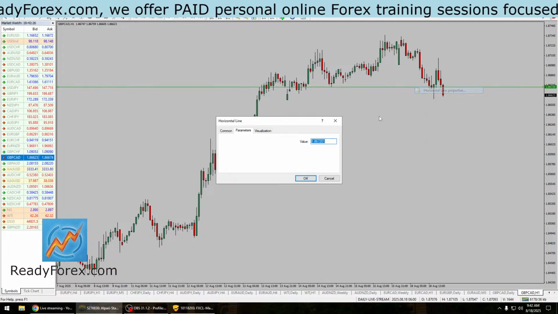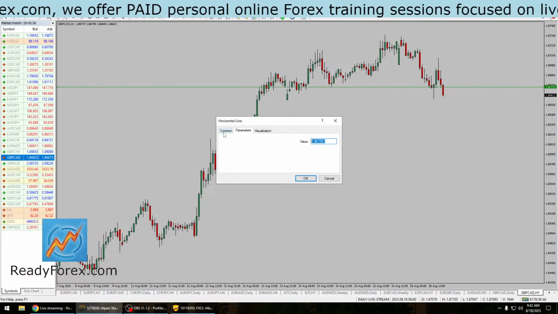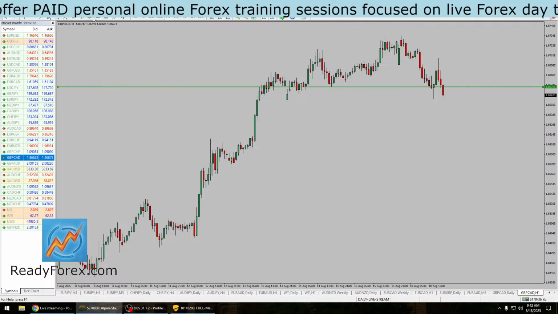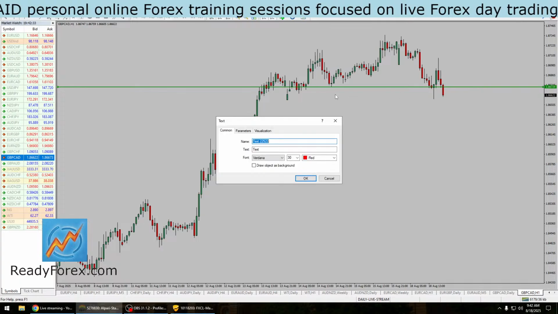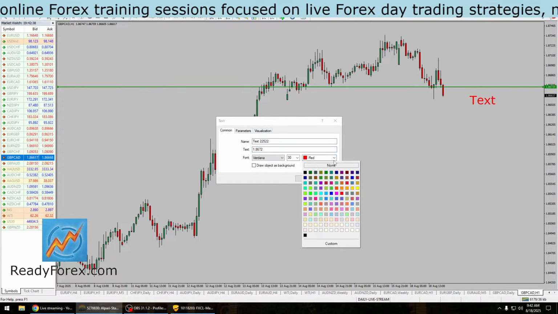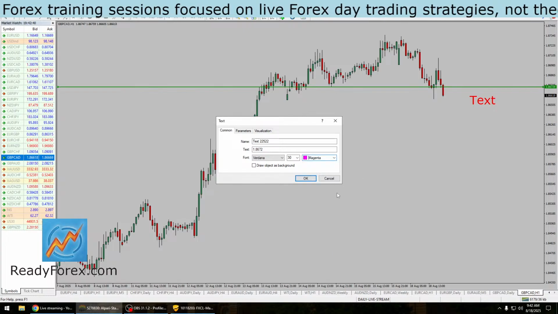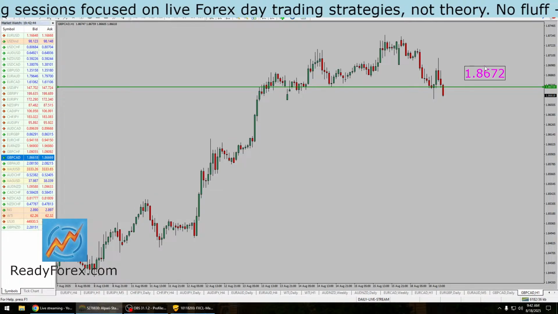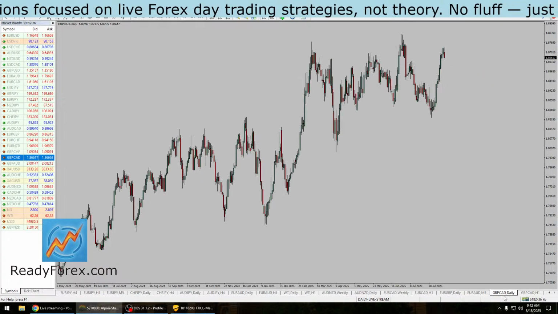Okay, let me write down the level. So we have this support, and the GBP is probably going to drop over here.